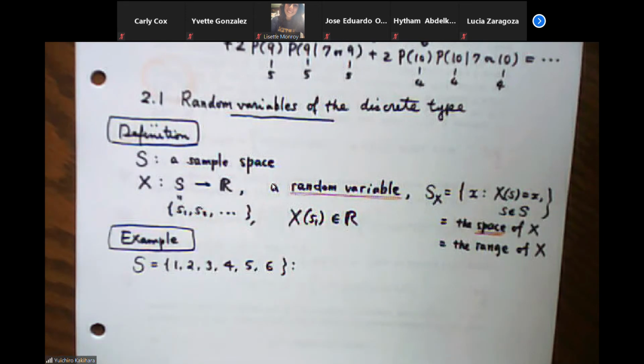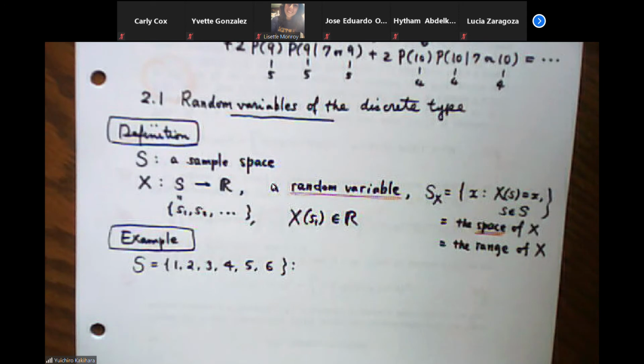The sample space need not be numbers. Like when you use two dice, then you have a pair of numbers, i and j. That's not a number. That's a point in two-dimensional space. So very confusing.